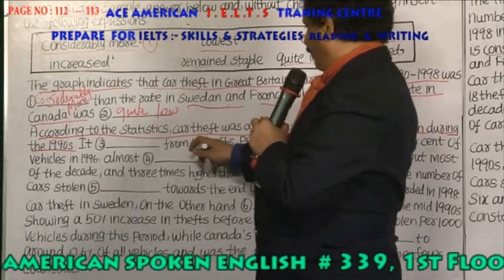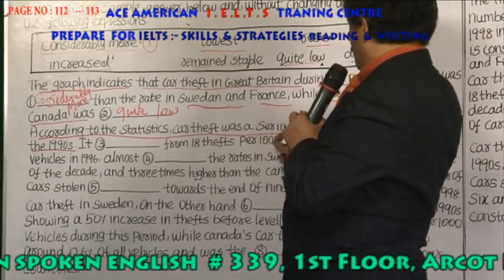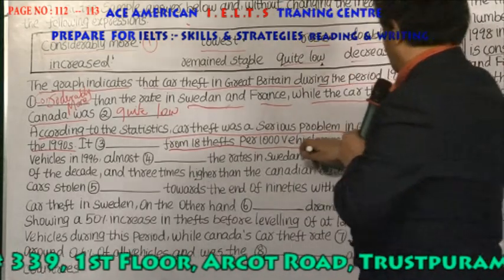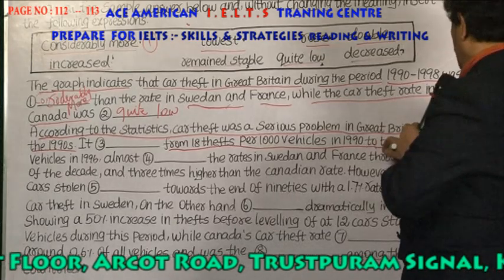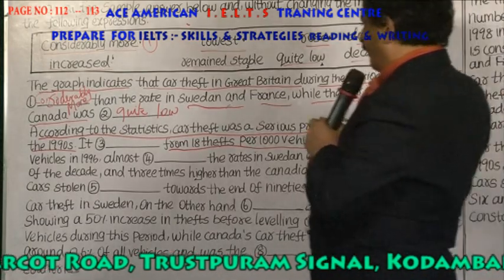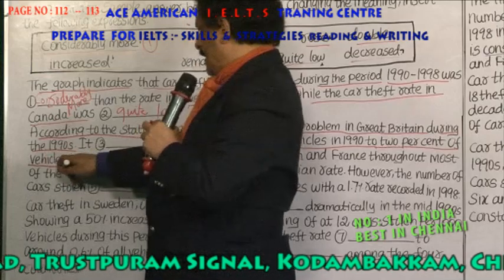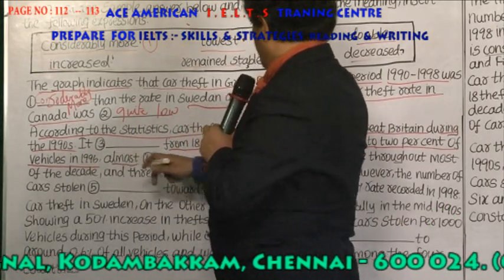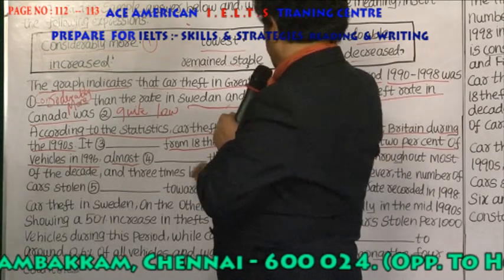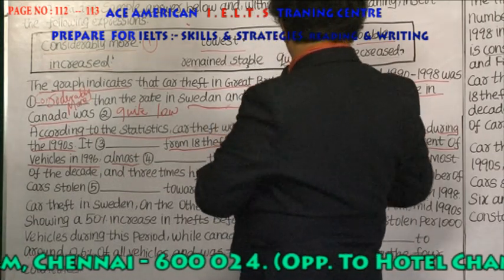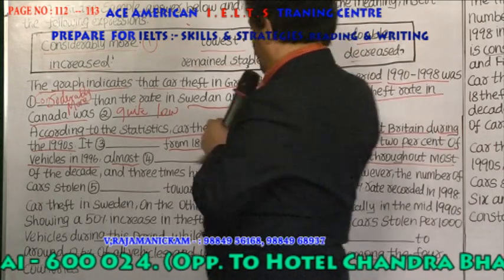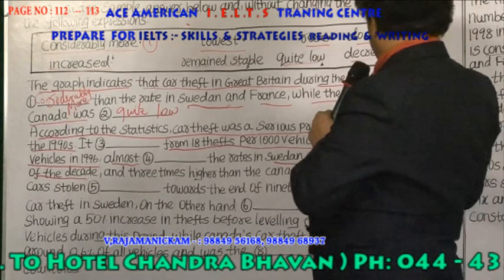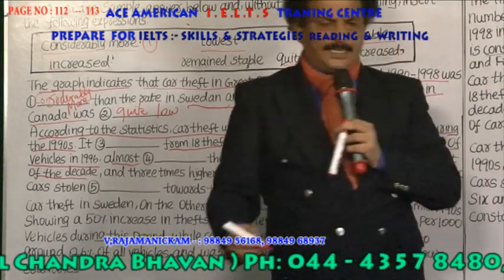It dashed from 18 thefts per thousand vehicles in 1990 to 2% of vehicles in 1996. Almost dashed the rates in Sweden and France throughout most of the decade. So where do you use 1990 to 2% of vehicles in 1996?